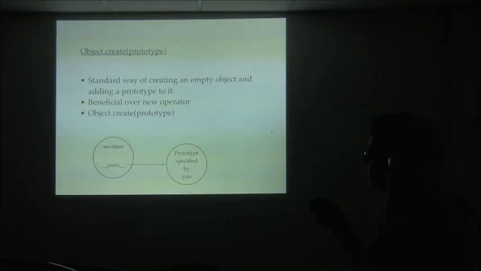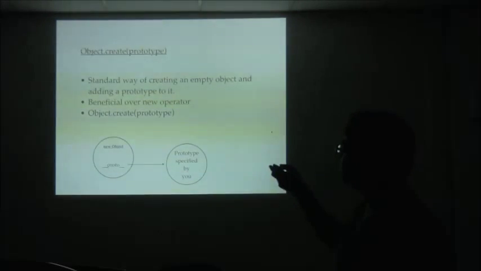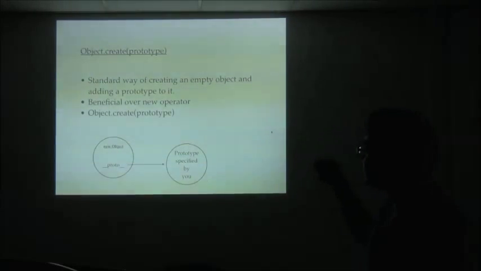What it basically does is create a new object instance for you, and it takes an argument, a prototype object. It forms a link from the new object to the prototype object you passed in.